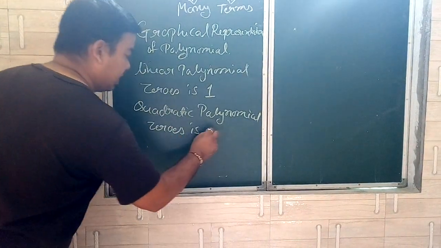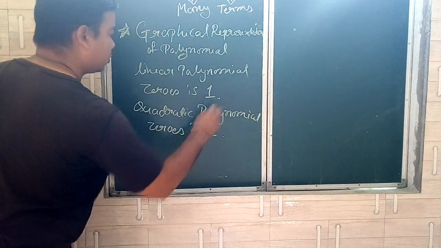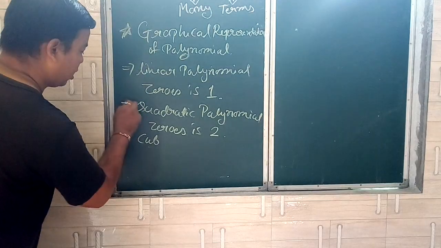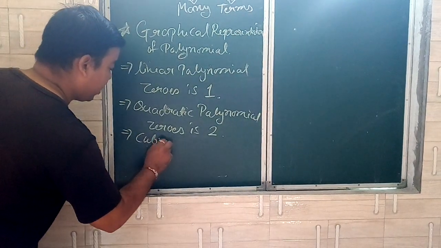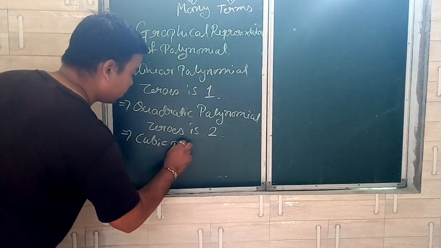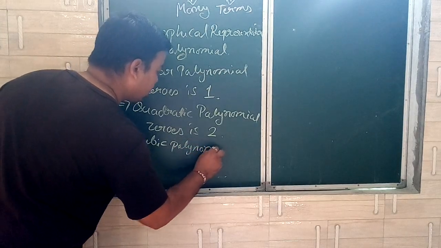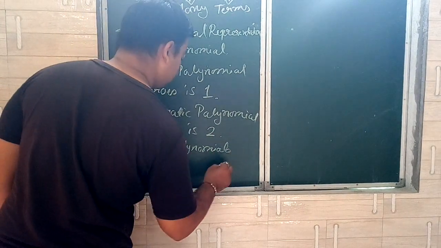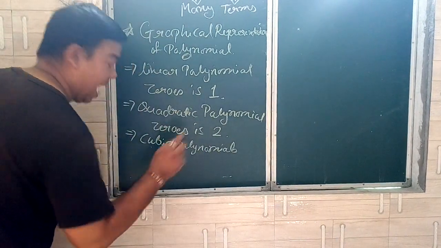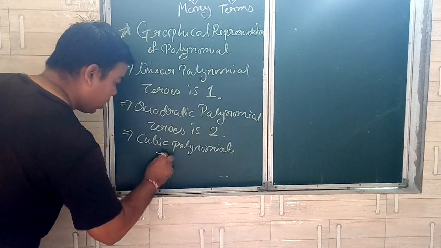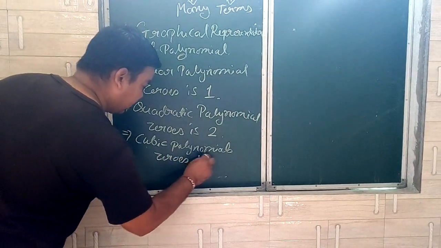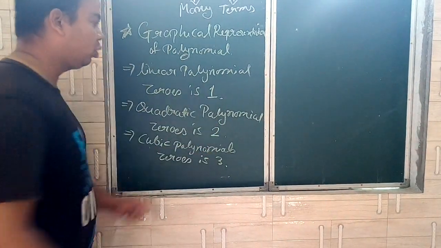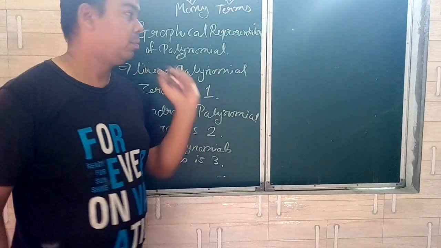That means zeros is 2. If cubic polynomial, highest degree is 3. So zeros is 3. That we represent 1, 2, 3 in a graph.